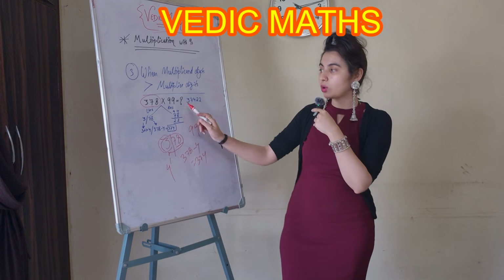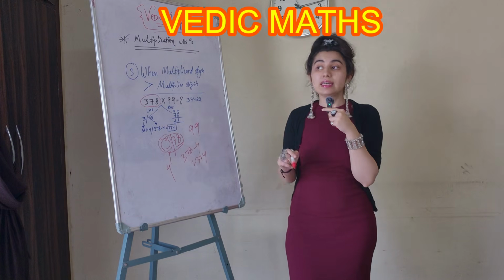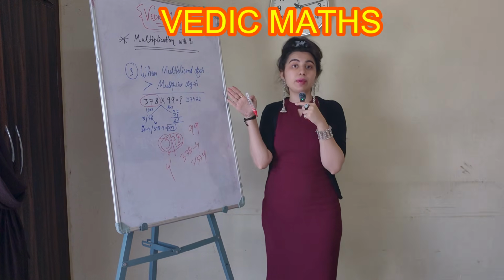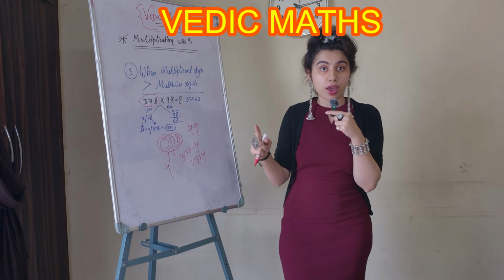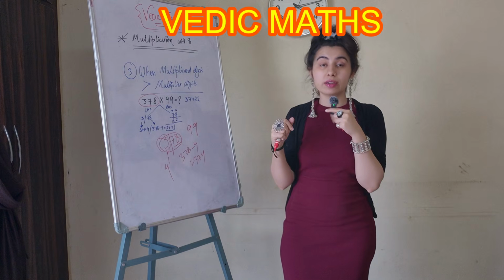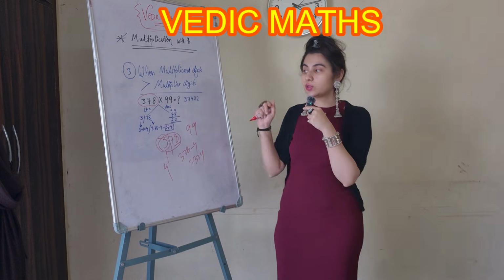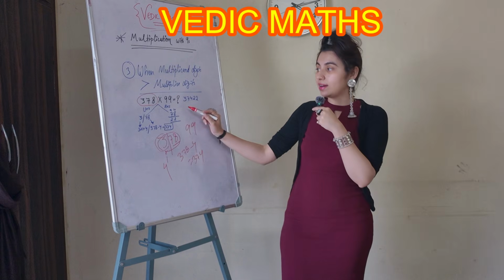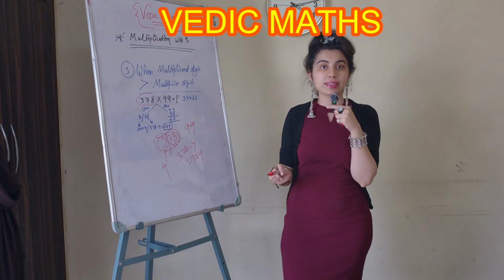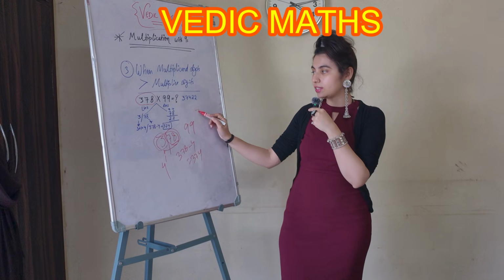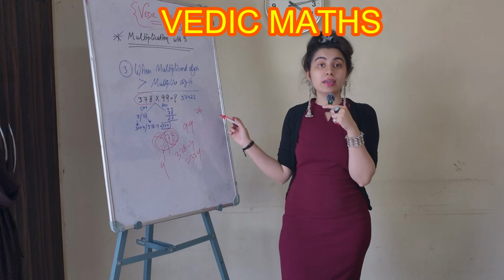Now how do you solve the RHS? In the first case, when the multiplicand and the multiplier were the same, I told you that we subtract all from 9 but the last from 10. That rule will be applied here also. So for the 78, the digits after the slash, you have to write the complement.